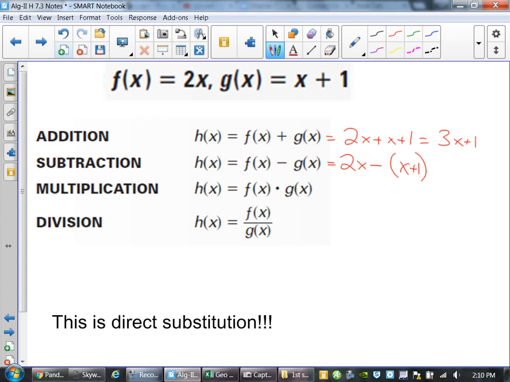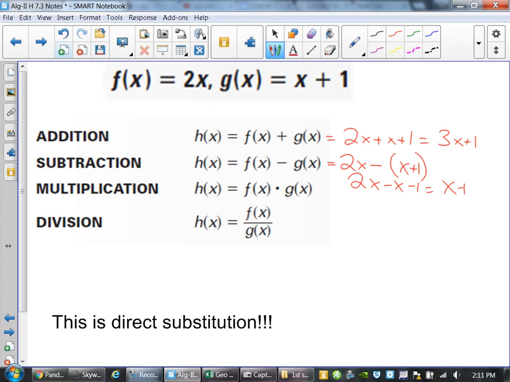Would it be wrong to look at f of x and g of x as its own term? I feel like that's the wrong word. You know how y equals something? Would I be wrong to look at f of x as one term?